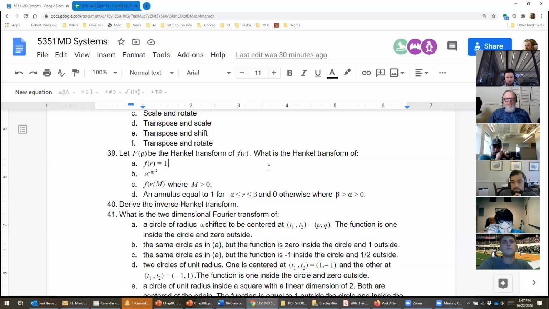Okay, D, an annulus equal to 1 over this strip and 0 otherwise. So this is kind of what looks like a square donut, right? It's a donut, it's an annulus, 1 inside the annulus, kind of a washer, if you will. And it's 0 on the inside, 0 on the outside. How would you compute this?